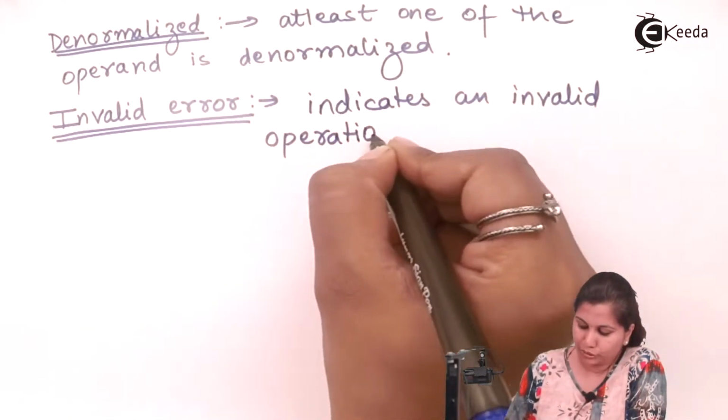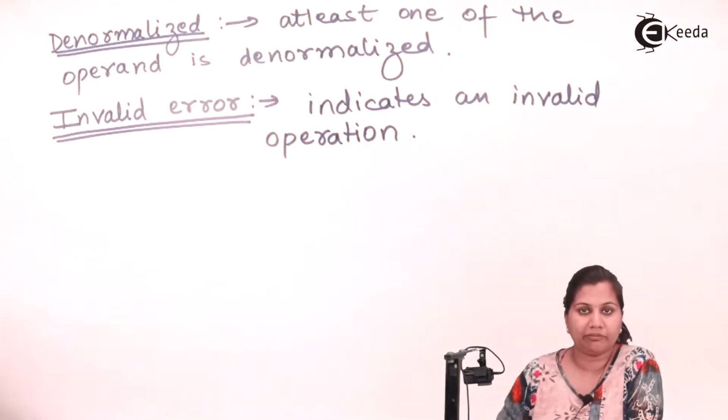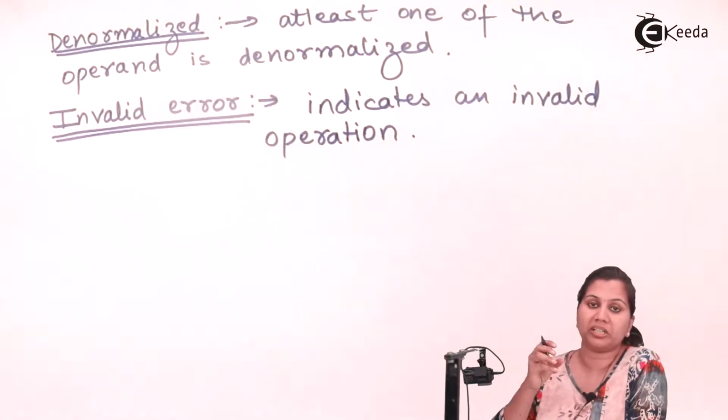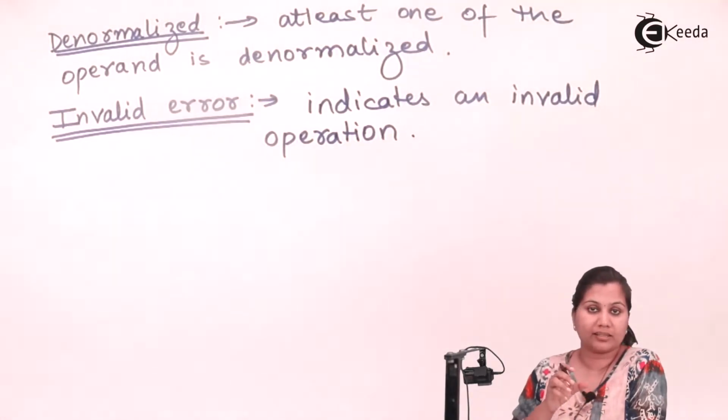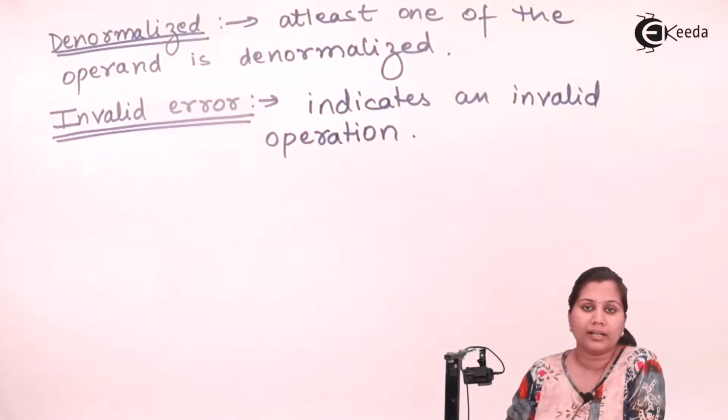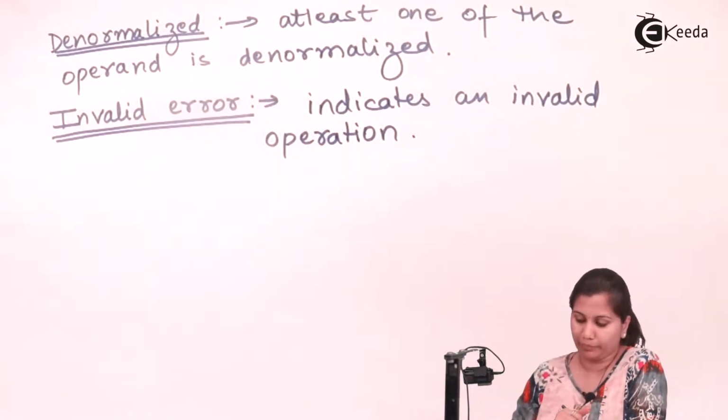Like if we want to take a square root of a negative number, that is an invalid operation. If we want to push a number which is exceeding the limit of the register, it means the register is of 8-bit and we want to store a 16-bit number into it. So that is also an invalid operation. Like I have said, popping contents from an empty stack, that is also an invalid operation.